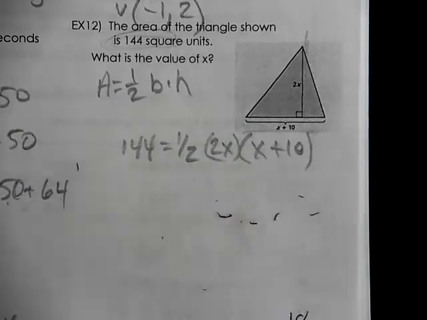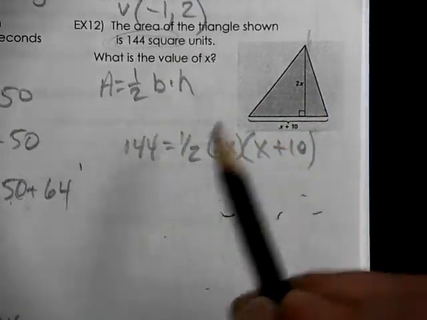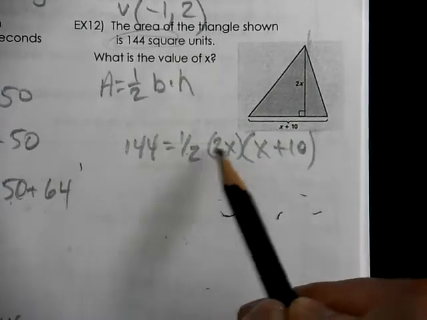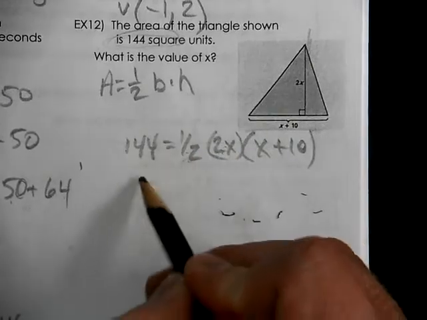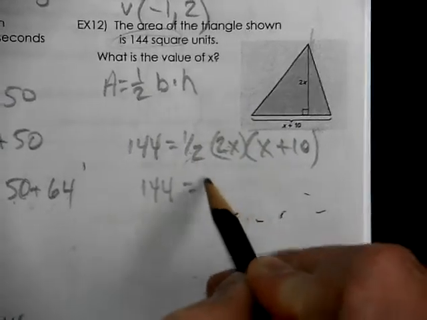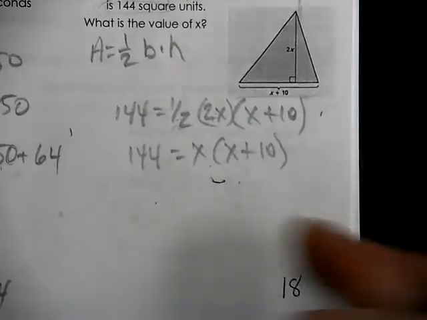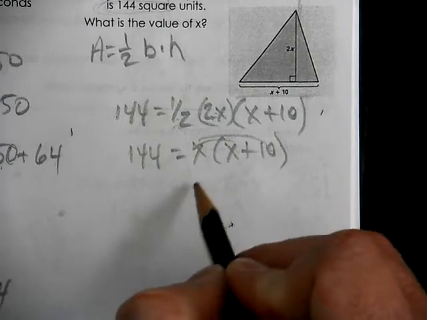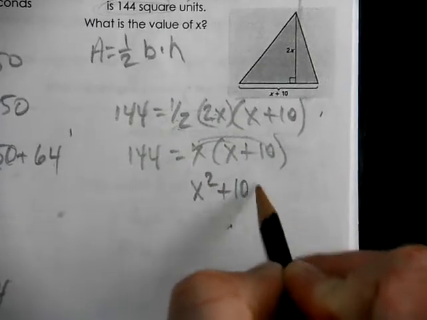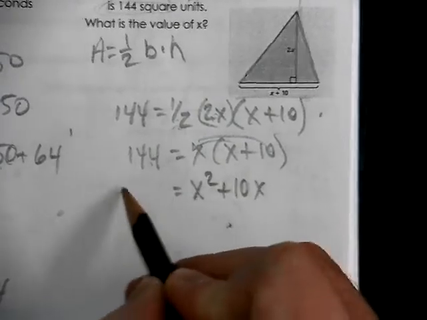That's probably height times base, but that's okay. I can take half of my height. I can distribute my x through to make x squared plus 10x, and we'll leave it at that.